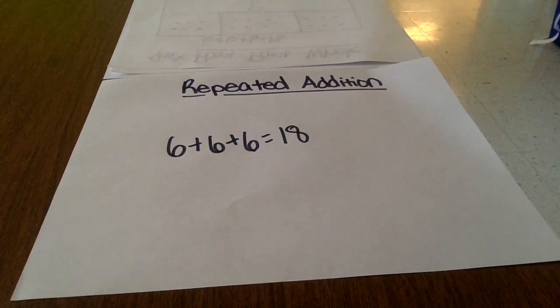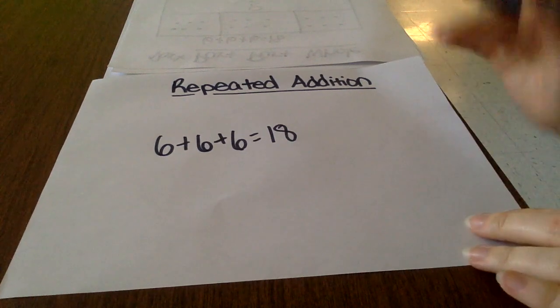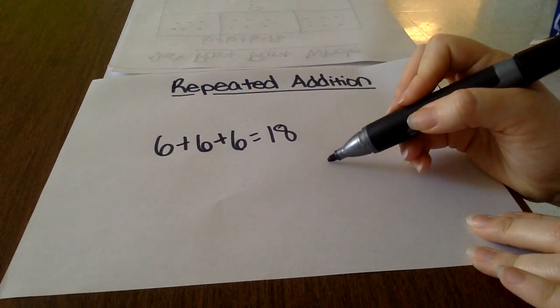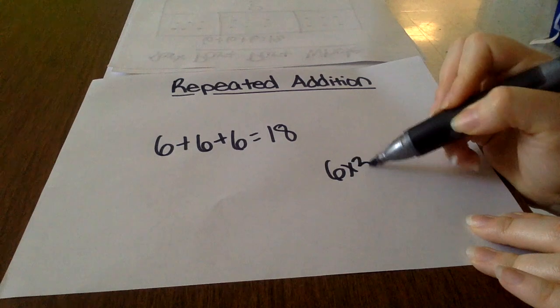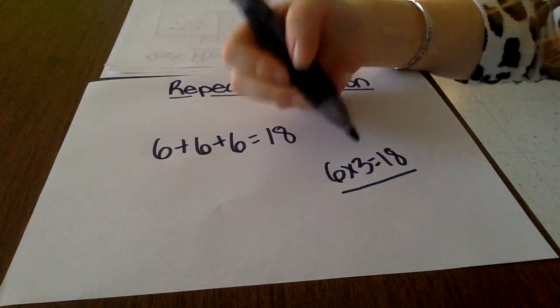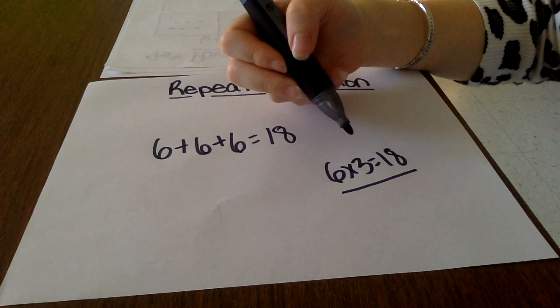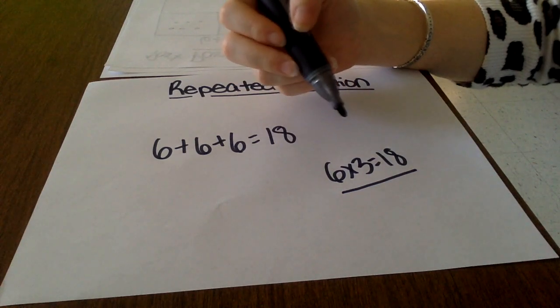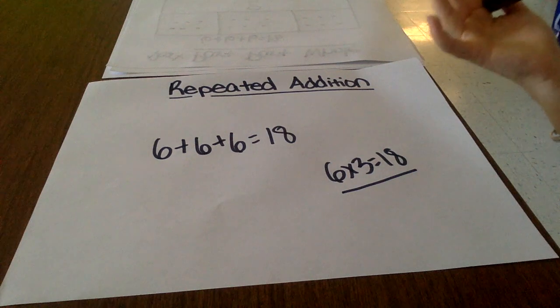So I'm sure what you've noticed is that what we don't have in second grade is 6 times 3 equals 18. The reason we don't jump straight to this is because we want students to have a great, strong conceptual understanding of what is happening in multiplication.